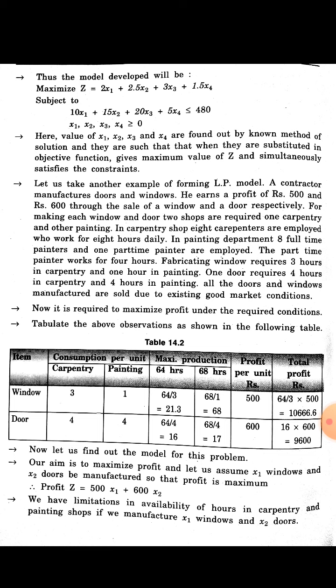So in column number 2, carpentry time required is 3 hours for a window and 4 hours for a door. Similarly, painting time required is 1 hour for a window and 4 hours for a door.